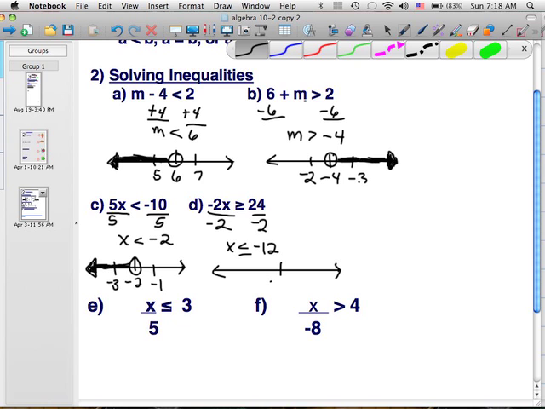So we put -12 down, -11, -13, and this time, since it says less than or equal to, I put a solid circle shaded to the left. And now this works. For example, negative 13, if I put that in there, I get positive 26, which is greater than 24.